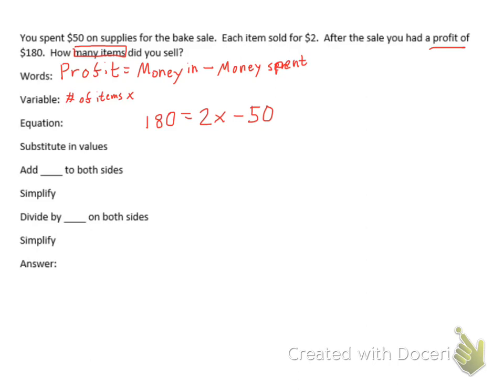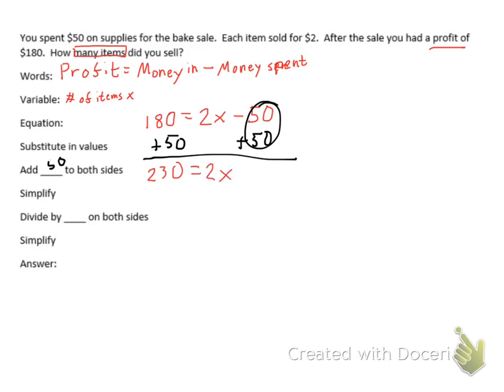First thing we're going to do to each side, add the 50 as we start getting x alone. Negative 50 plus 50 is equal to 0. 180 plus 50 is 230. So now that we've removed the money we spent from this equation, it looks like our money in was $230.